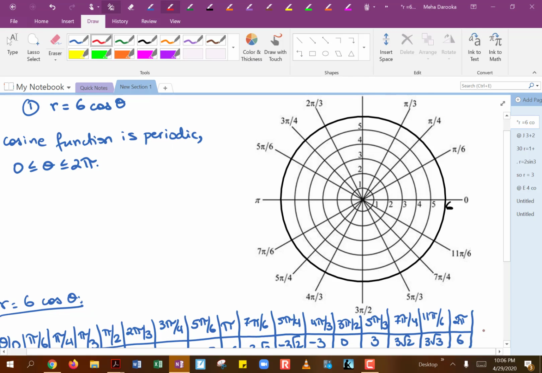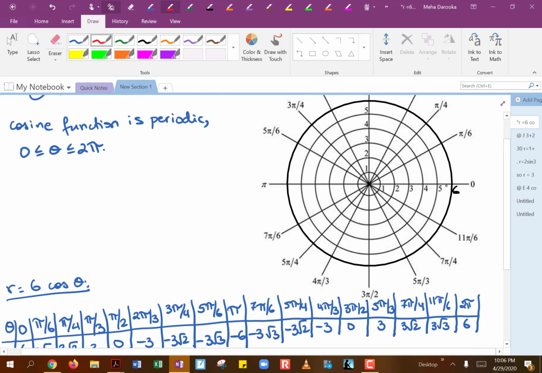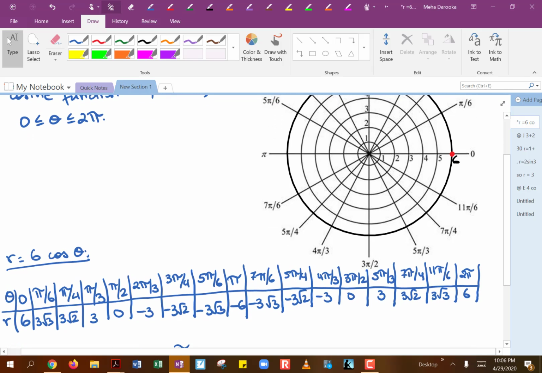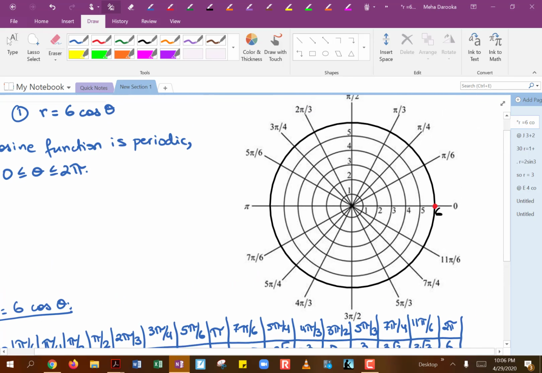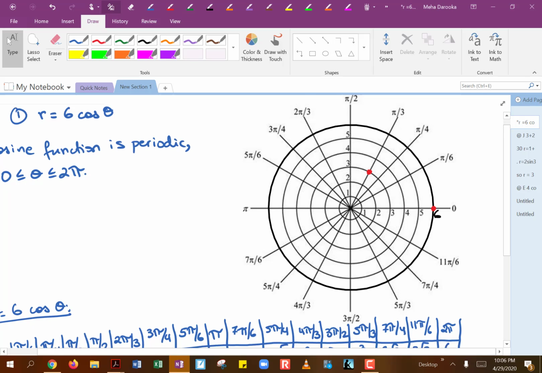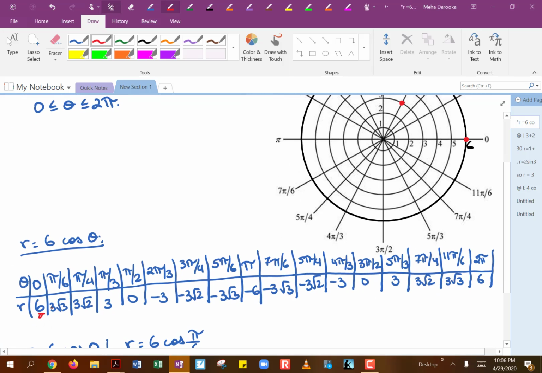Okay, so let's see. At the ordered pair 0, 6, you would be looking at a point over here. Then let's see, our next good point was at pi thirds and 3. So pi thirds and 3 would be a point over here. At pi halves, we have 0. So I'm looking at all of these points right now that have a nice value, right?